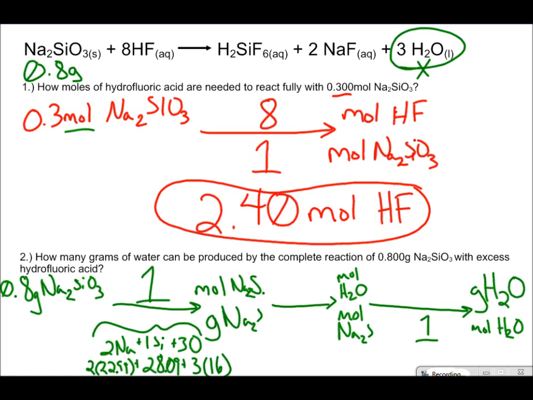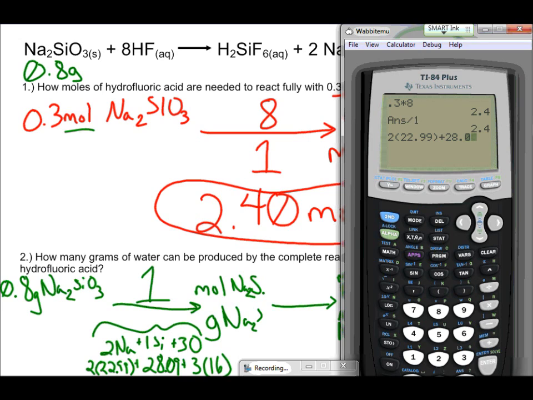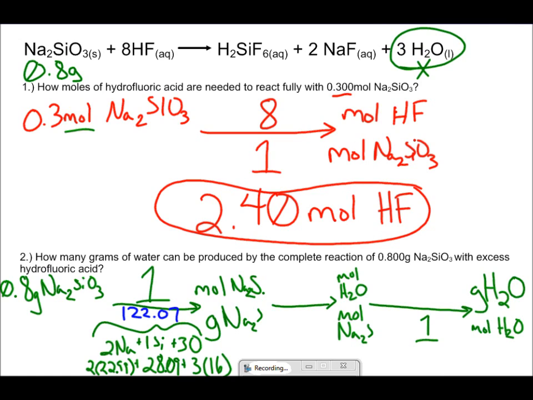So again, I pull out my calculator, and we put in 2 times 22.99 plus 28.09 plus 3 times 16. The molar mass of sodium silicate is 122.07 grams per mole.